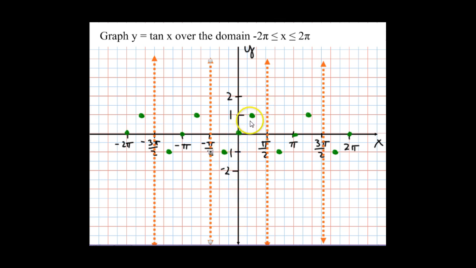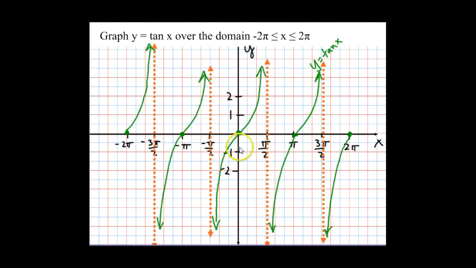Looks like a straight line in here, but it's actually going to look like this. That's what a tangent curve looks like. Okay, and it repeats, has 4 full cycles between negative 2 pi and 2 pi. Again, it's a cyclical graph, just has a different period than sine or cosine.